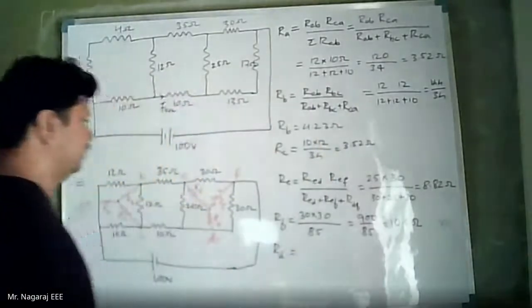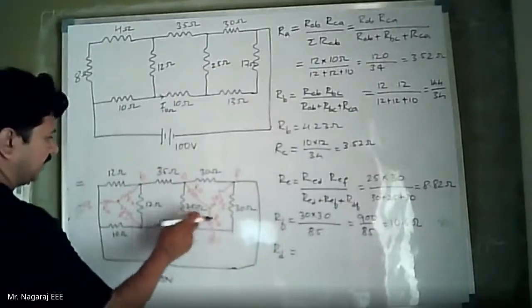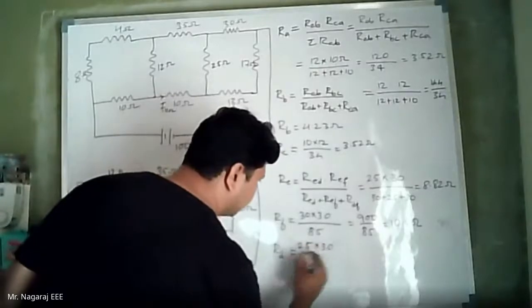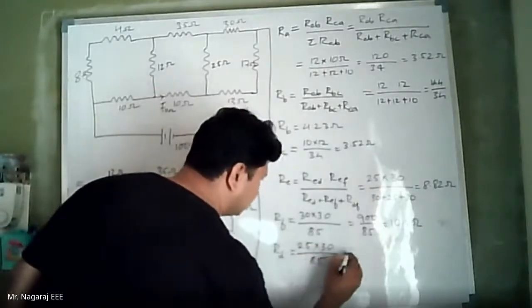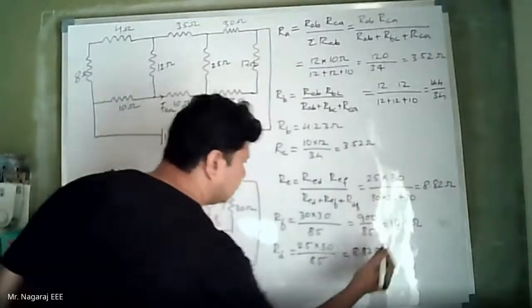RD is equals to two resistances connected to D terminal, 25 ohm and 30 ohm divided by 85. So this equals to same as 8.82. So this is the transformed resistance value from delta to star.